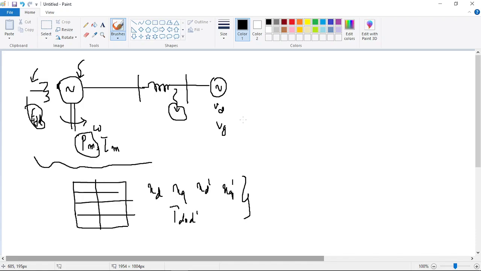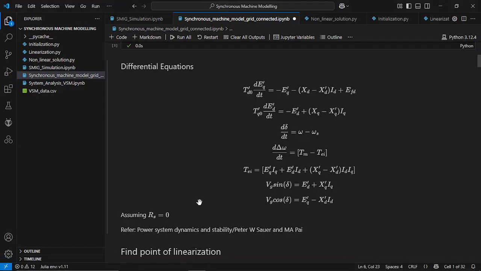Previously I have shown that the dynamics of the system are represented by differential equations and some algebraic equations. So for the machine, the dynamic equation and the algebraic equation can be written like this.